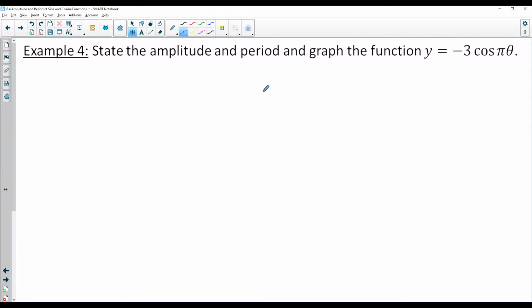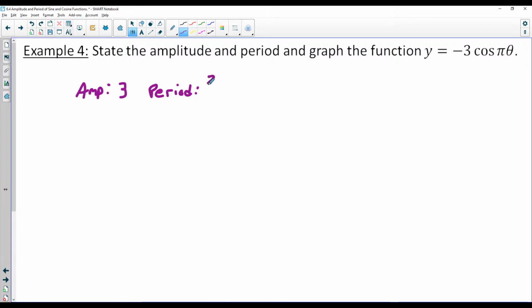So now state the amplitude and period for the graph of the function y equals -3 cosine pi of theta. Now here, our amplitude, it's not -3 because it's the absolute value. So our amplitude's still just 3. And our period, this one might confuse people right away and kind of get tricky.